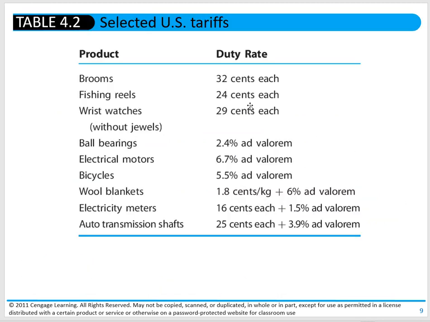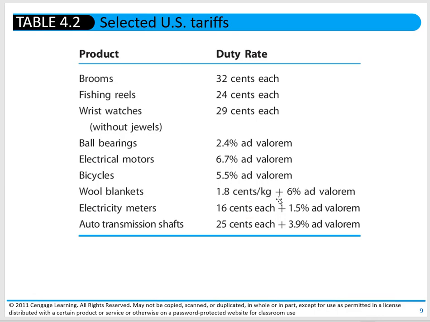And here you go. You have specific tariffs for brooms, fishing reels, and wristwatches, 32 cents each, 44 cents each, 29 cents each. And then you have the ad valorem tariff, a fixed percentage of the value of ball bearings, electric motors, and bicycles.